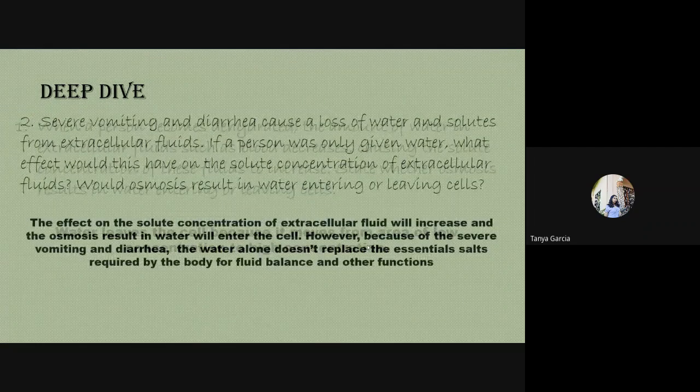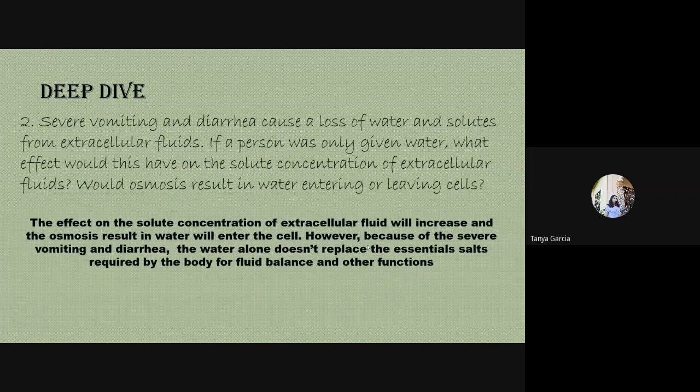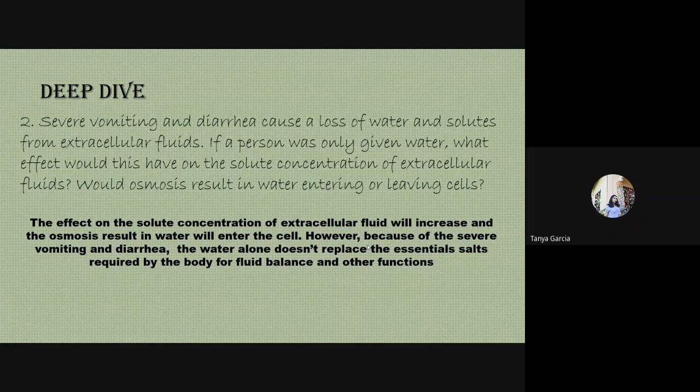Deep dive question number 2. Severe vomiting and diarrhea cause a loss of water and solute from extracellular fluids. If a person was only given water, what effect will this have on the solute concentration of extracellular fluids? Would osmosis result in water entering or leaving cells?